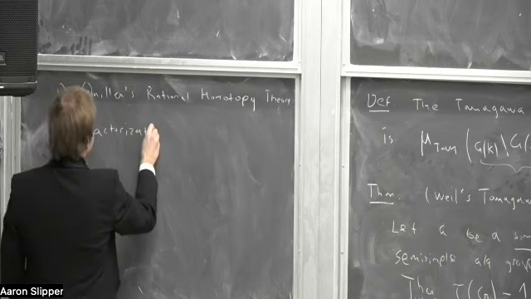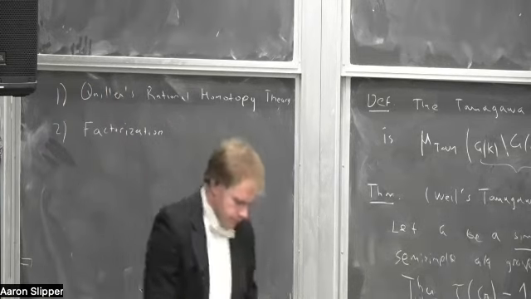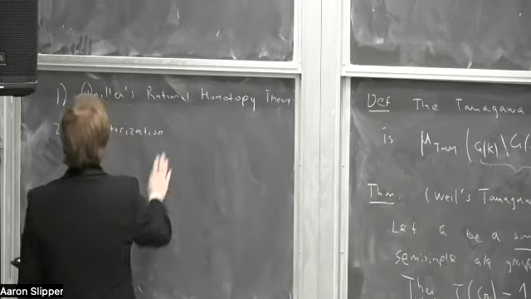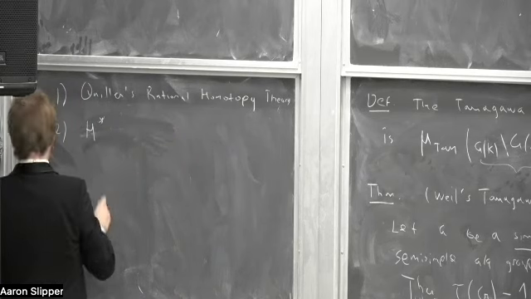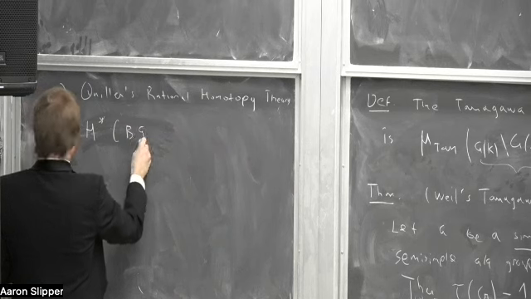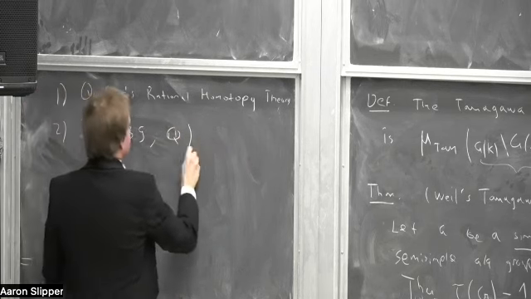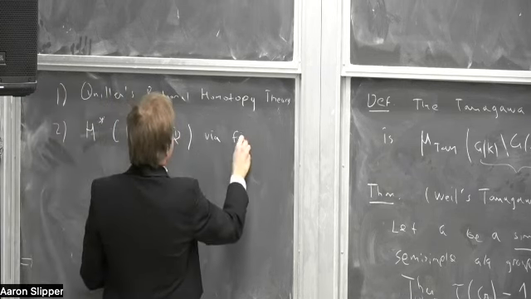Two is factorization. Say, two is we compute the homology of BG with Q coefficients via factorization homology.